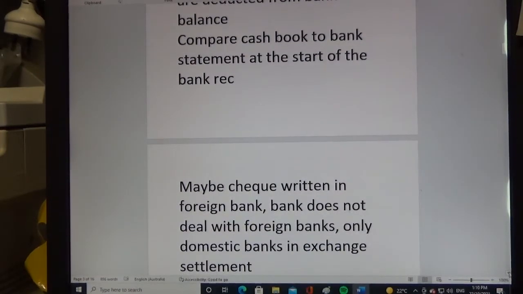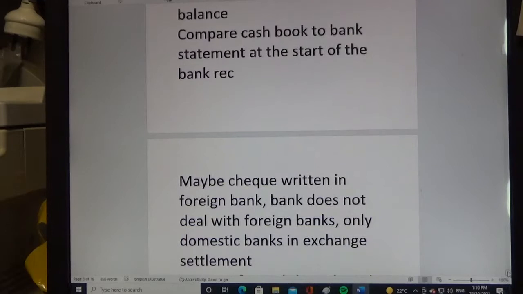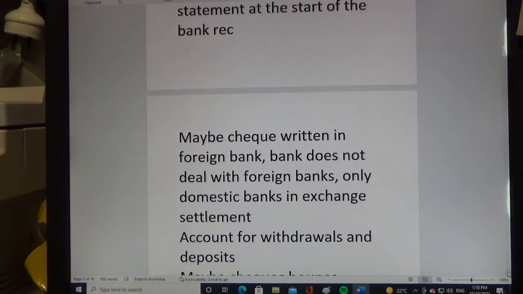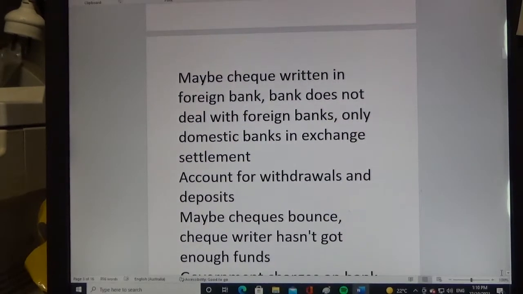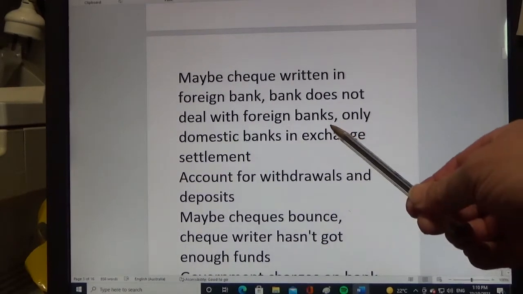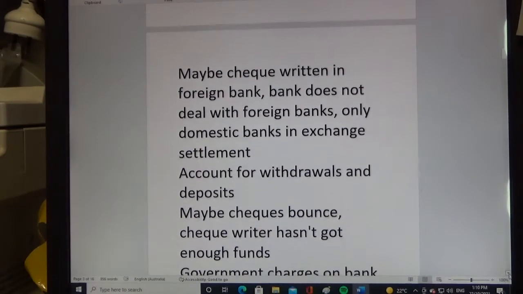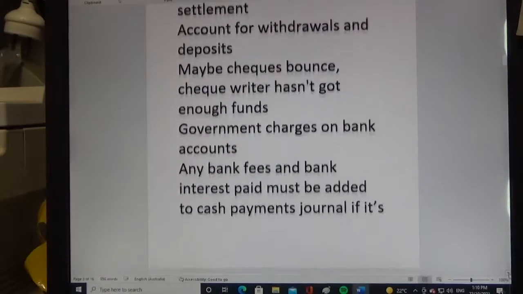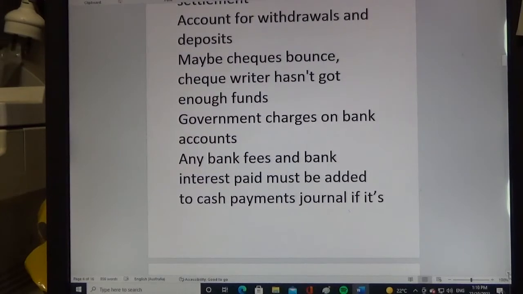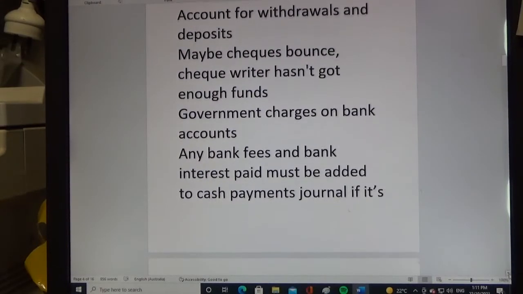And so you start with the closing balance figure of the bank statement and put that at the top. And there's other anomalies, like maybe the bank doesn't deal with foreign banks if it's a foreign check, and maybe checks bounce, the check writer hasn't got enough funds.